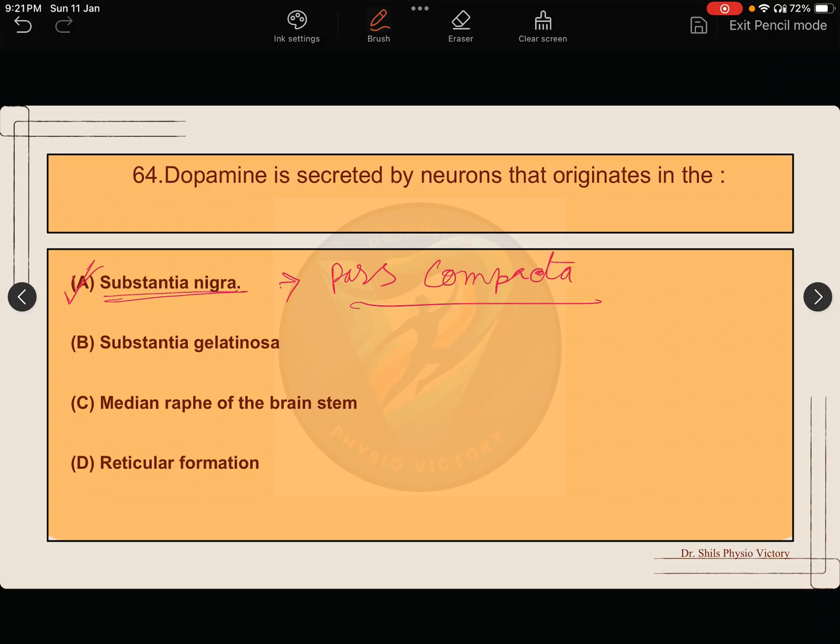Substantia gelatinosa is a part of dorsal horn of the spinal cord, lamina 2, involved in basically pain modulation.